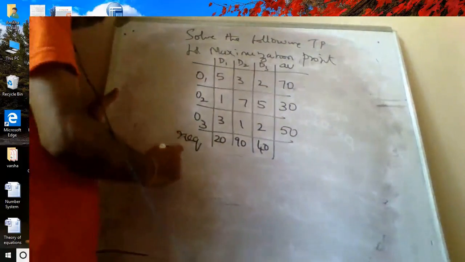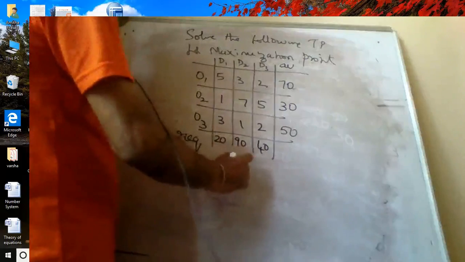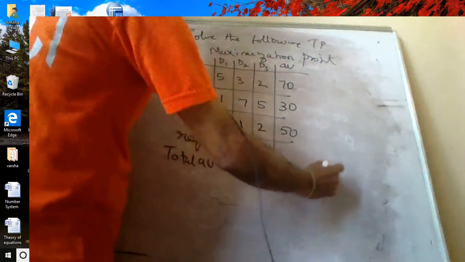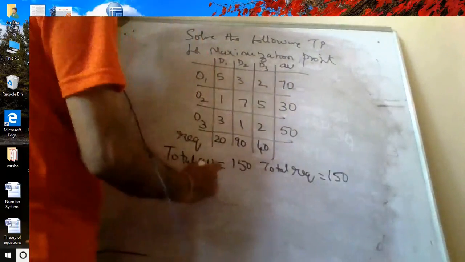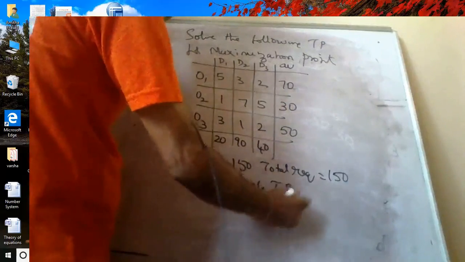So as usual you should see total availability 150, total requirement 150, therefore balanced TP, no problem.